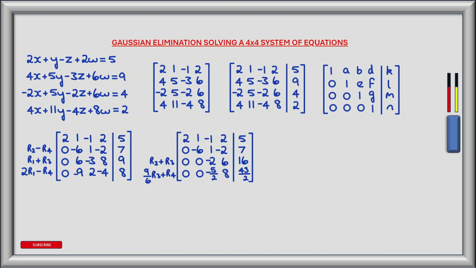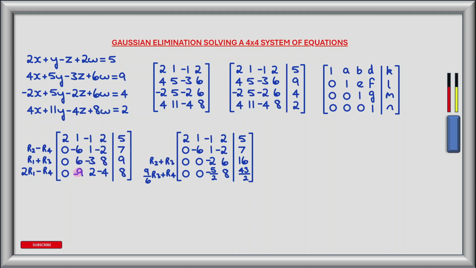And now for step 2, where we need to get zeros in column 2 below the first two entries. So that's this element here and this element here. So beginning with this element, if we add row 2 and row 3, so row 2 is here and row 3 is here, we get 0, 0, -2, 6 and 16.